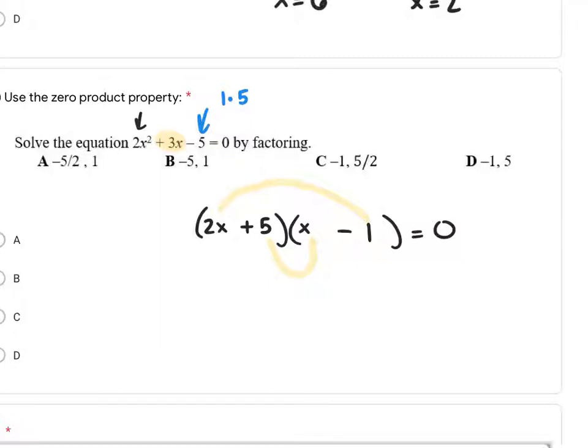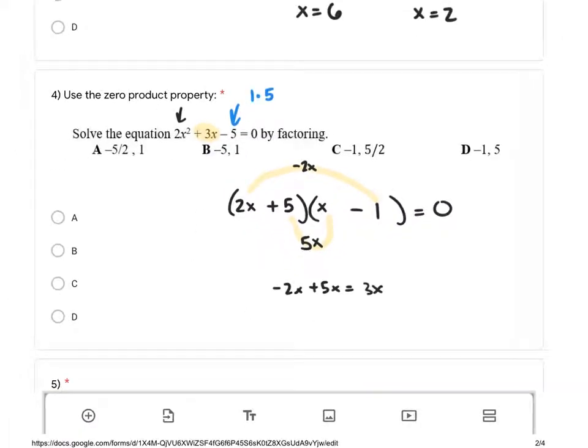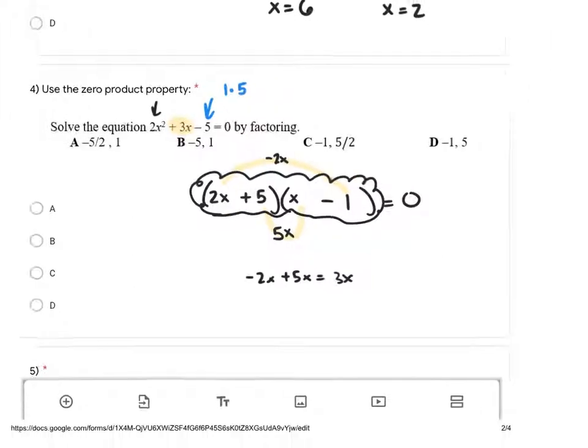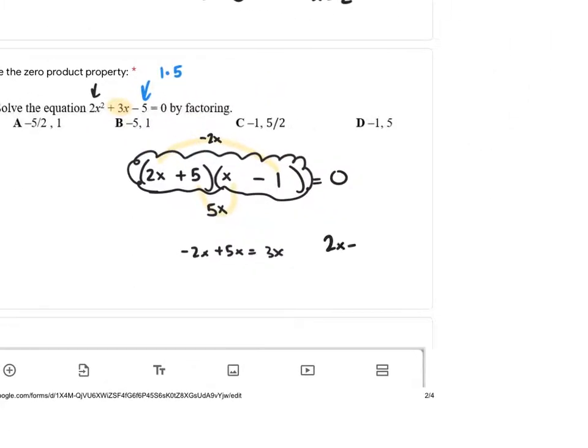Because 2x times negative 1 is negative 2x, 5 times x is 5x, and negative 2x plus 5x does give us that middle term of 3x like we want. So this is the correct factoring, which means that's what we'll want to set up equal to 0.